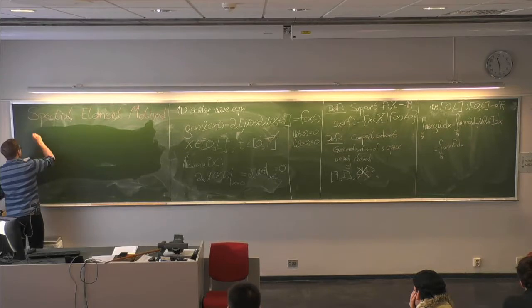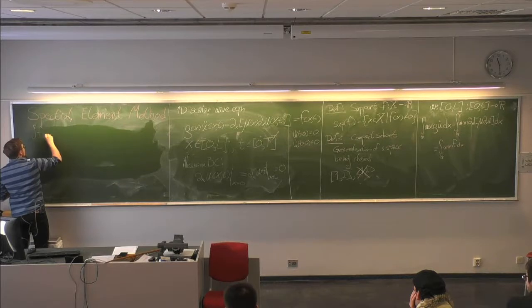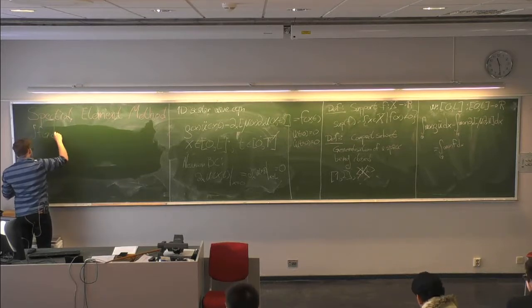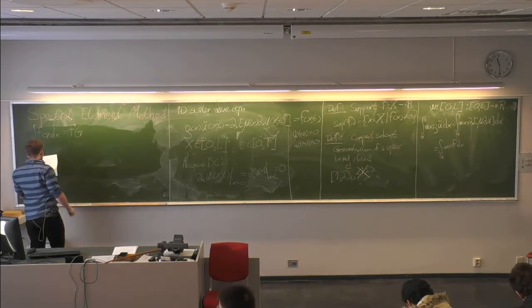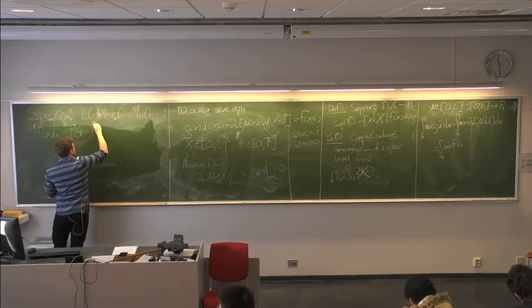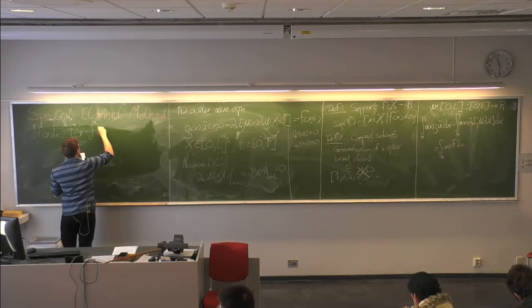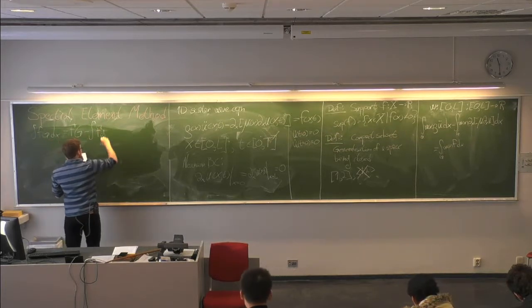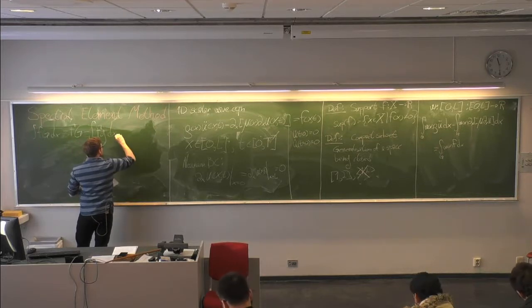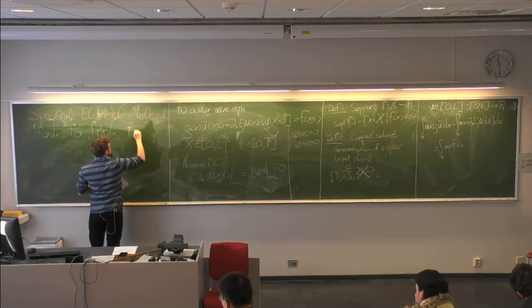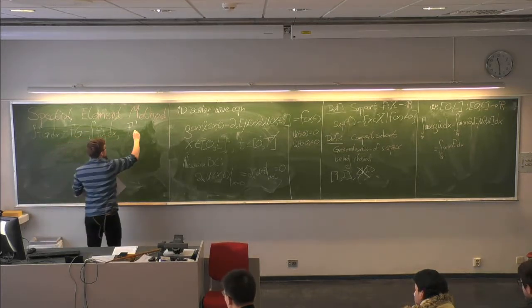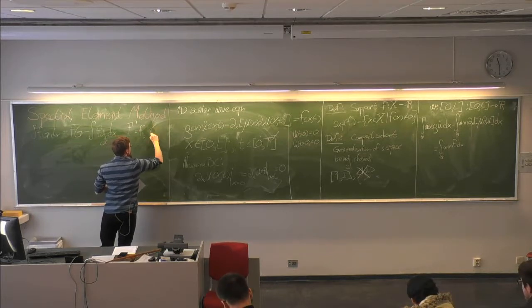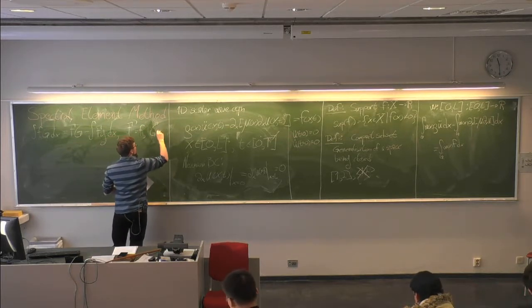So that says that the integral of F g dx equals the boundary term minus the integral of f G dx, where the derivative of capital F is small f, and the derivative of capital G is small g.